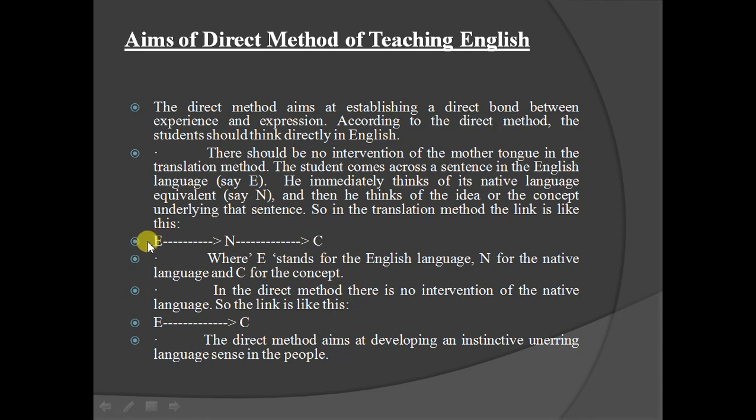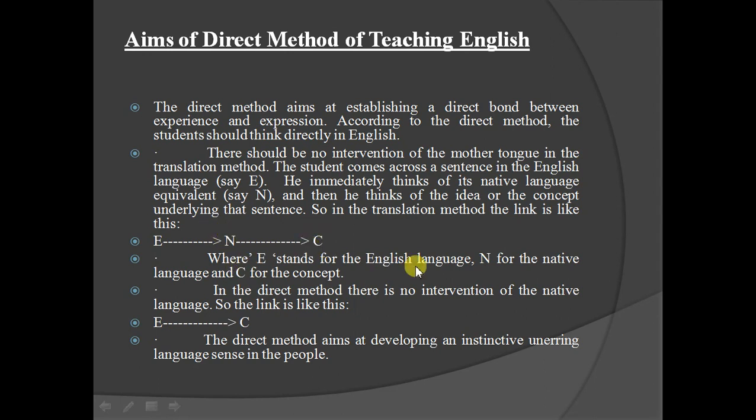What happens is that you convert this sentence into your native language, you translate it, and then after translation you get the concept behind this sentence E.